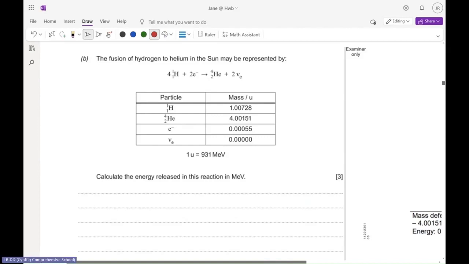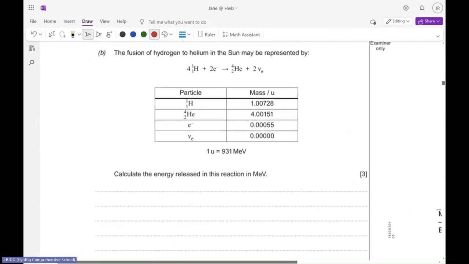So to begin with, what we're going to try and do is work out the mass defect, because when this fusion reaction happens, remember the mass of the helium nuclei is smaller than, if you like, the sum of its parts. So we'd expect to have a smaller mass on one side than the other. Let's work out what that mass defect is. Now, the mass defect is often annotated as delta M.